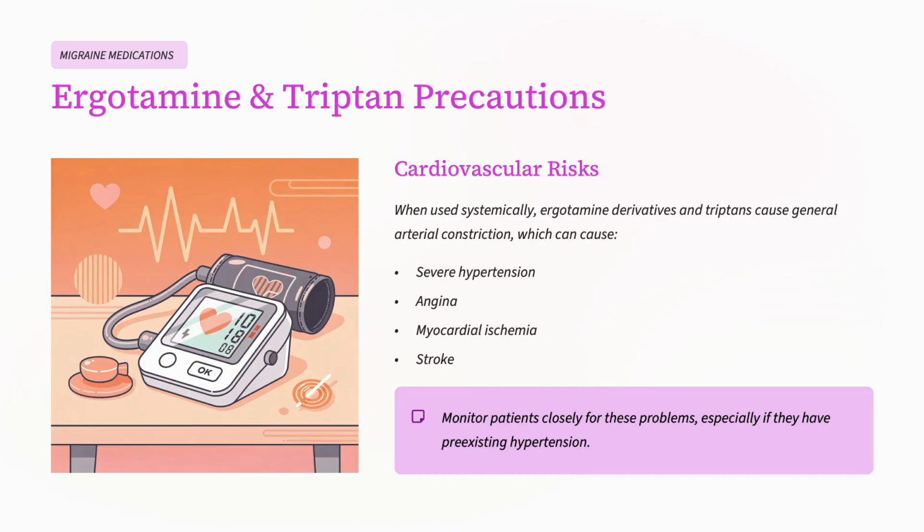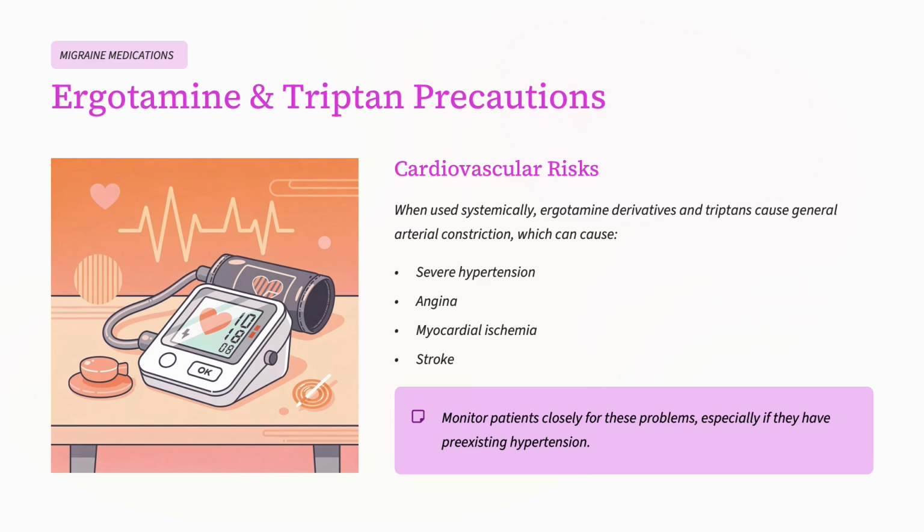So then we have some migraine medications that would help with migraine pain, and these are ergotamines and triptans. With these medications, we want to be really careful because they can affect the heart. They can cause hypertension, high blood pressure. They can cause angina, which is chest pain. They can cause myocardial ischemia, and that is like death of the heart muscle.